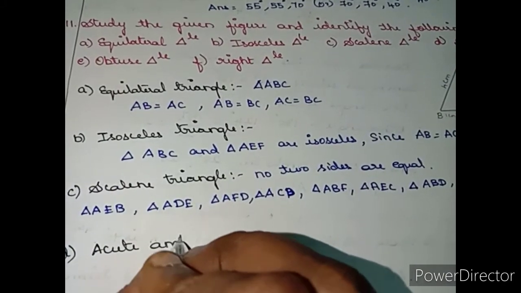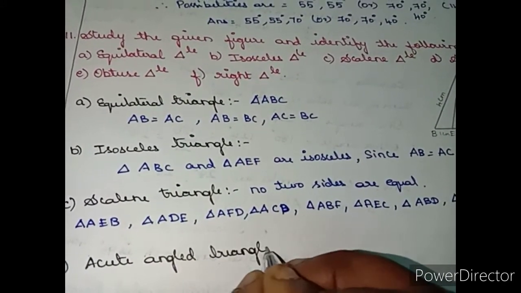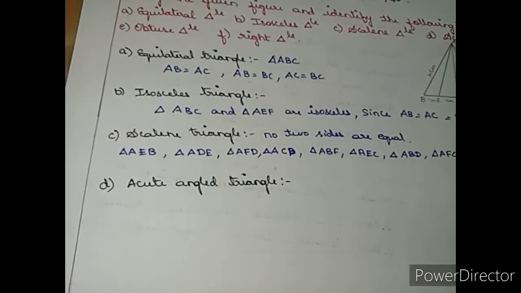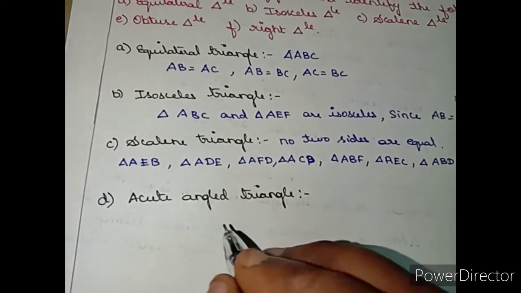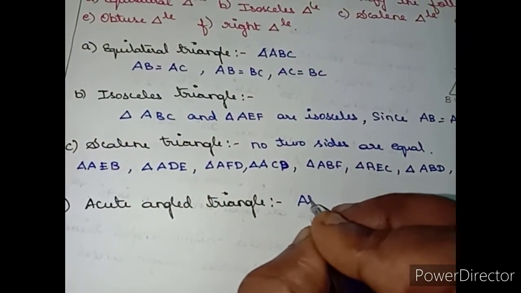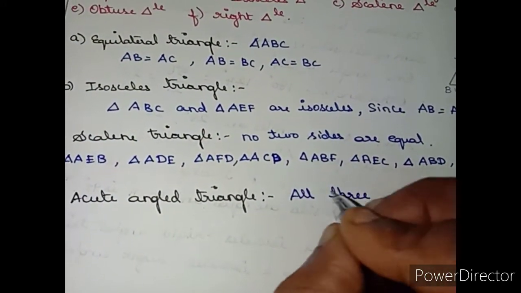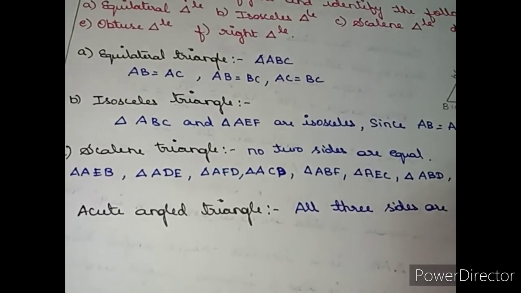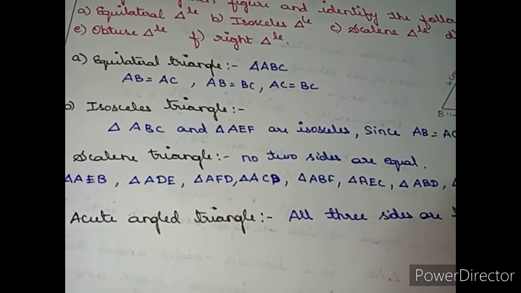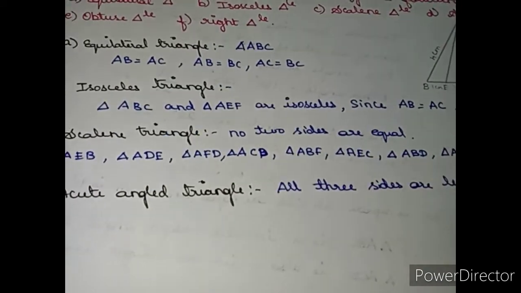Okay, next subdivision, it is an acute angled triangle. So here in an acute angled triangle, we know all three angles are less than 90 degrees.